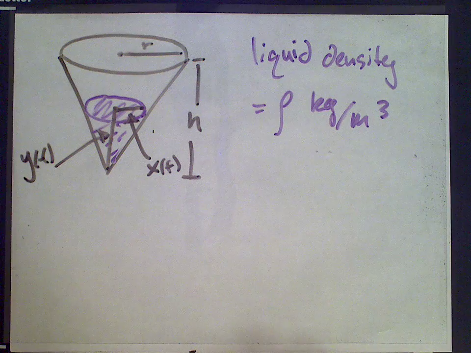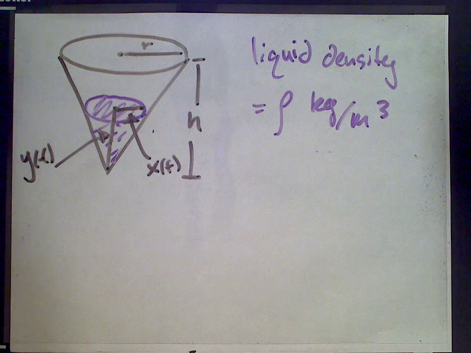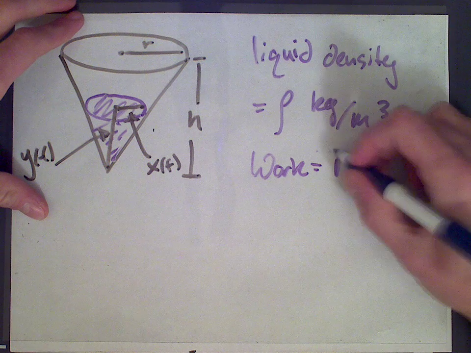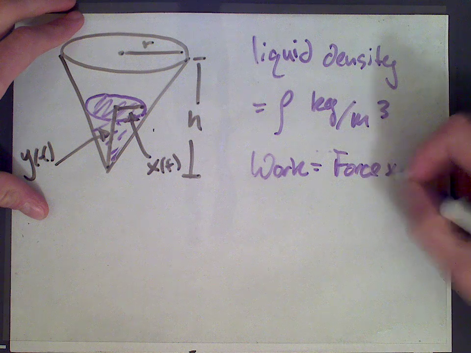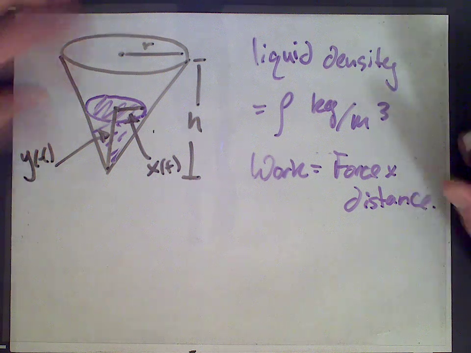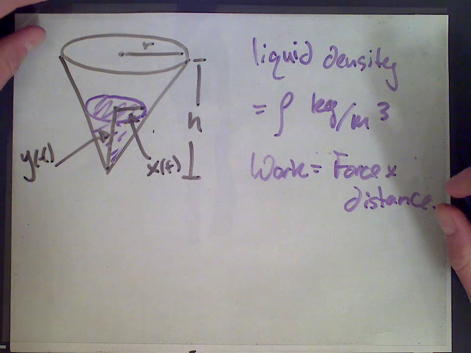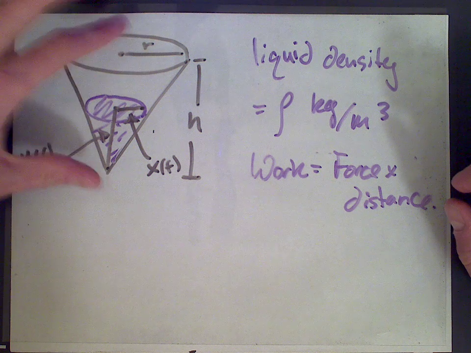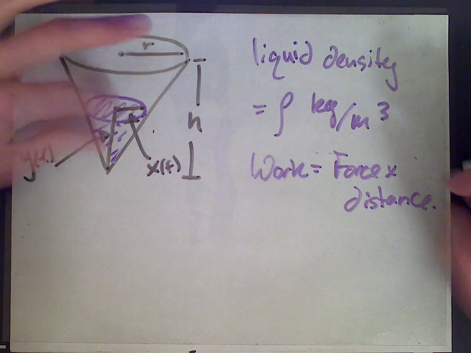What we know is that work is force times distance. So what distance are we moving at a given time? It's the height of the cone minus the height of the water.